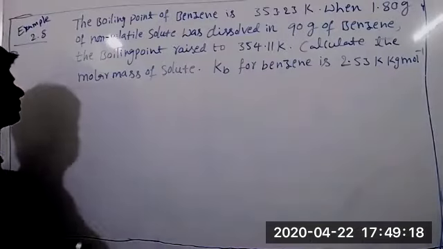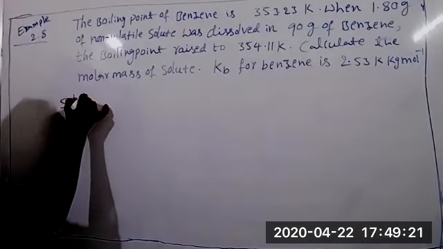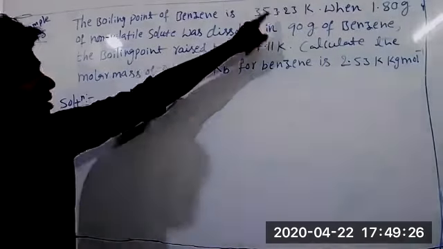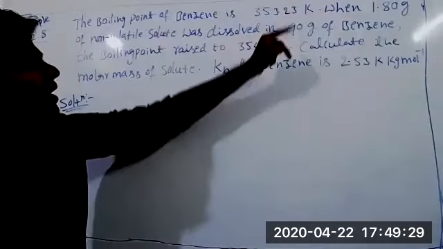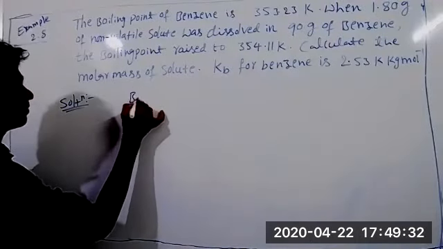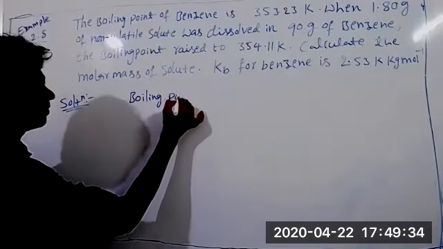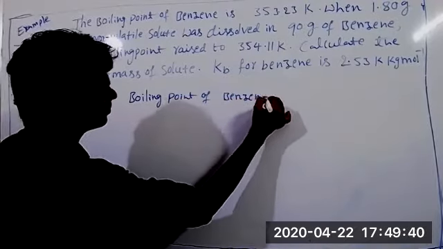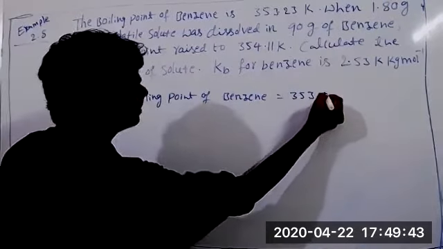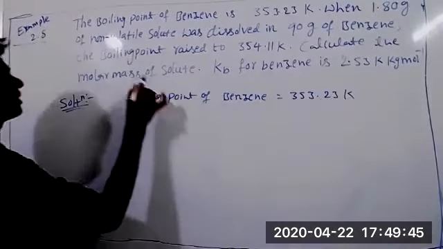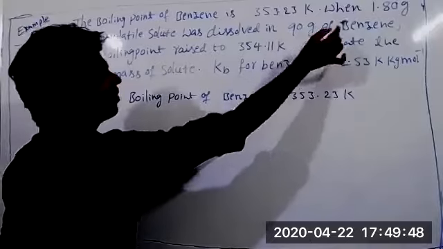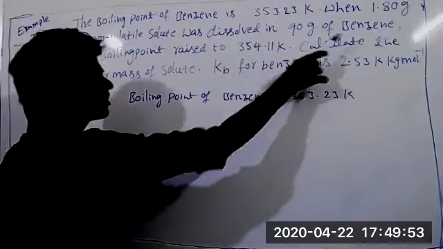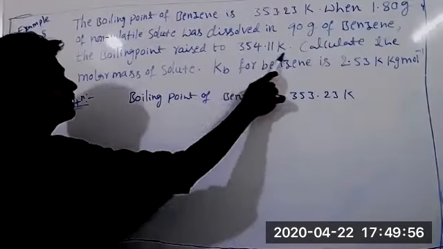Now this solution. First write the given information. The boiling point of benzene is 353.23 Kelvin, so benzene is here the pure solvent. When you add 1.8 grams of non-volatile solute dissolved in 90 grams of benzene, the boiling point is raised to 354.11.